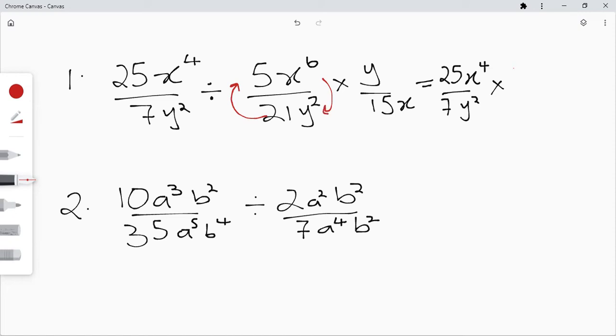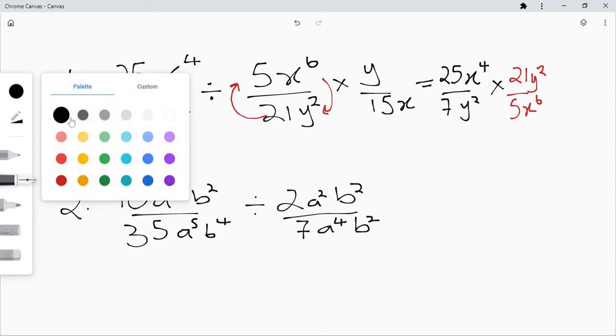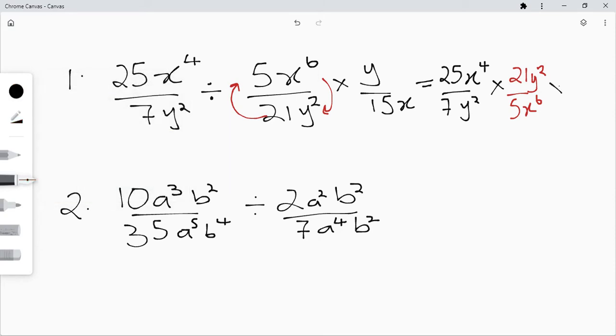So we're going to have over 21y squared, over 5x to the power 6, and multiplied by y over 15x. So now we just have multiplication throughout.